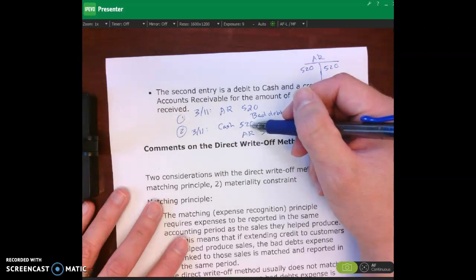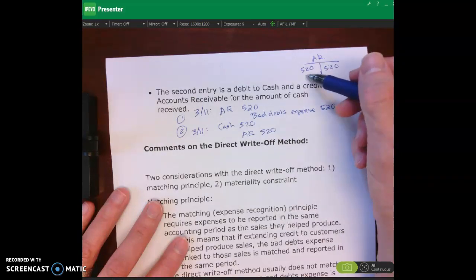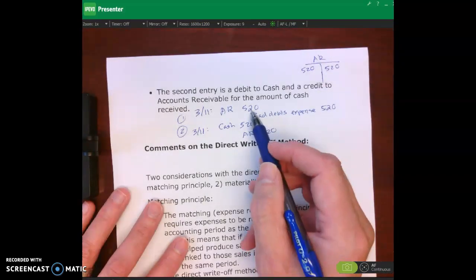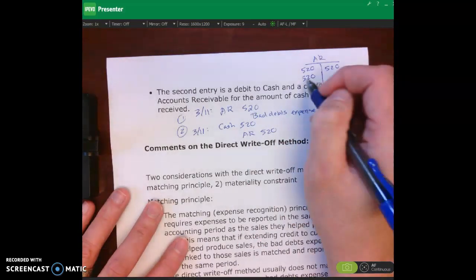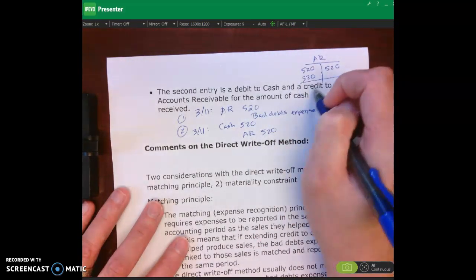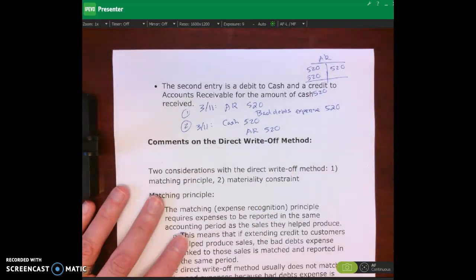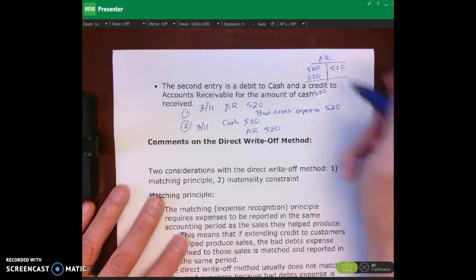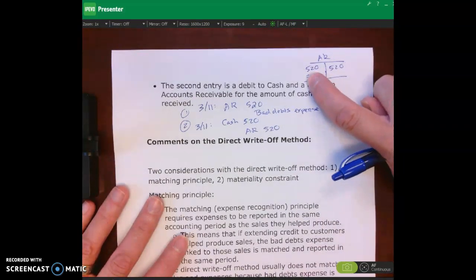If I skip this journal entry and just did the second one, that doesn't make any sense, because the accounts receivable balance is zero. So by doing this journal entry, with my T account, my balance is my $520 in accounts receivable, and then I can write it off and put another credit over here to zero it out. But after I wrote it off, that's all I had. I had zero balance.